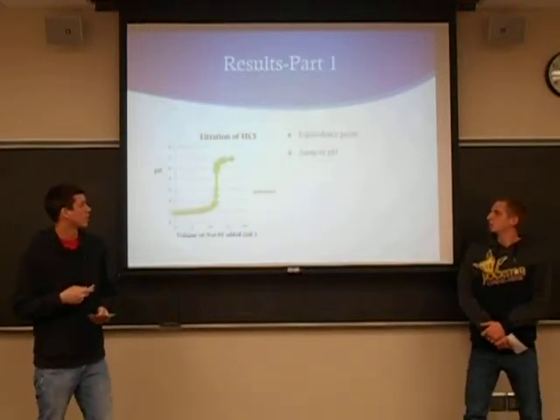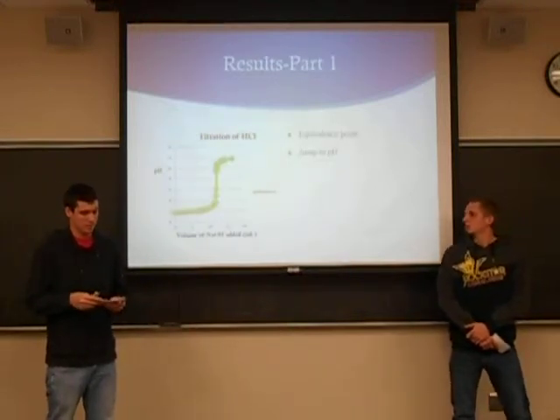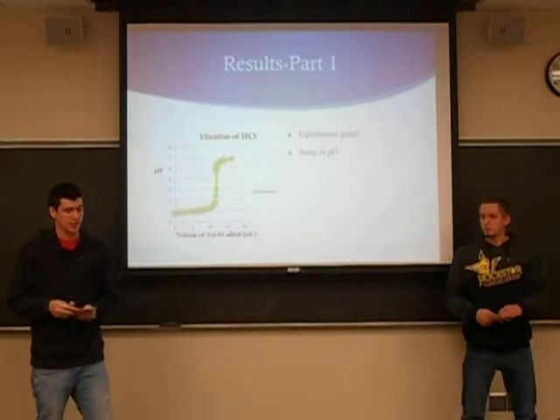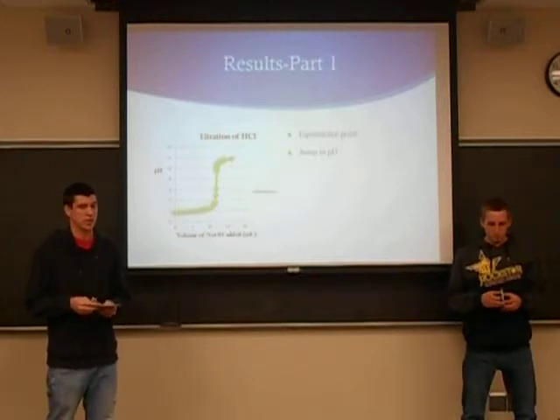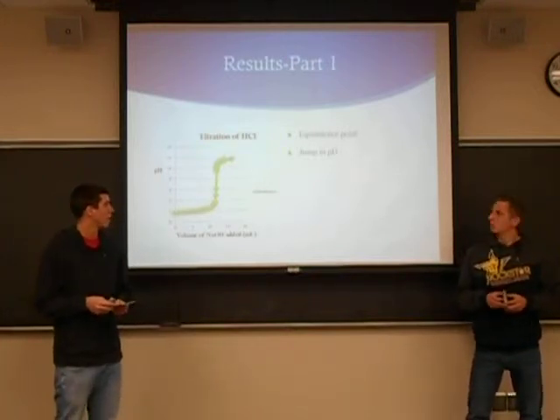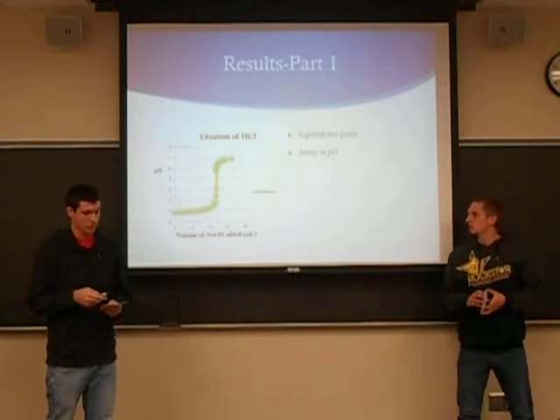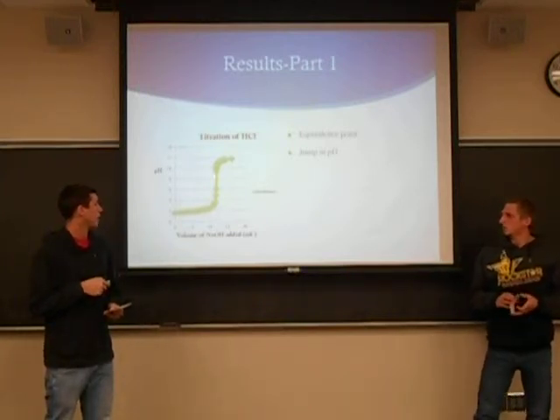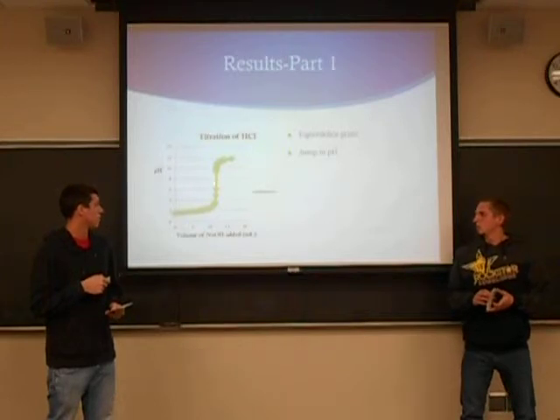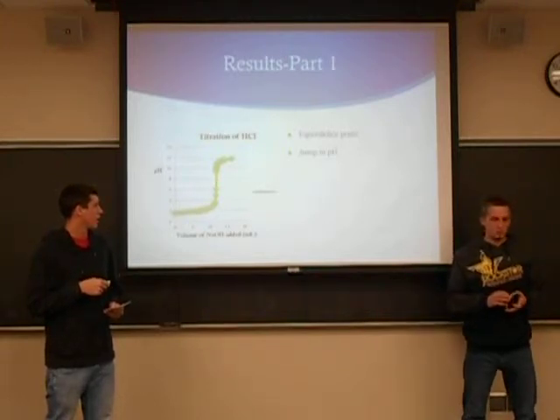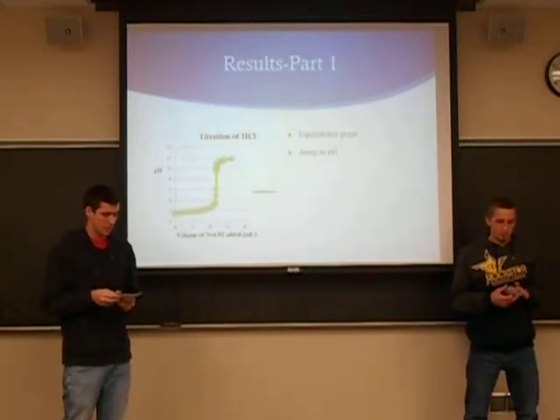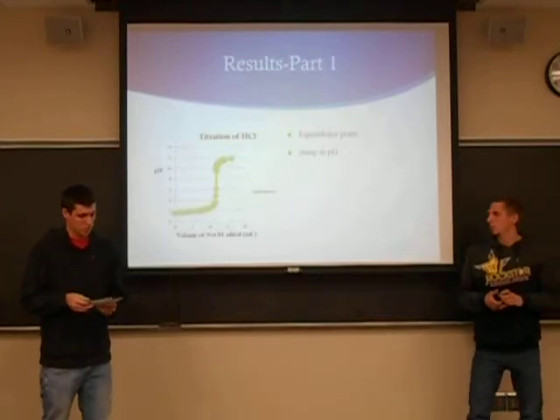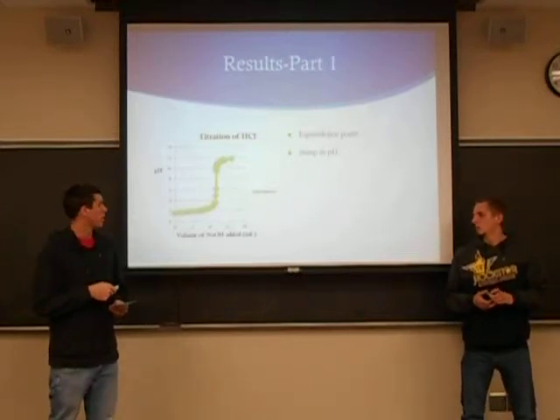So for the first part, it was the strong base and the strong acid, and the strong acid was HCl, which is hydrochloric acid, and the equivalence point was, as you can see right here, whenever the pH is about 7, and there was a jump in the pH.